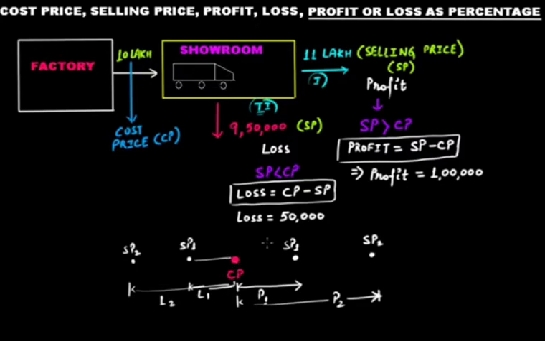Now it's up to you at what price you sell this truck to your customers. Since this is fixed, this is the reference point, the base point, the original amount. On this cost price, you have to calculate your profit or loss as a percentage.